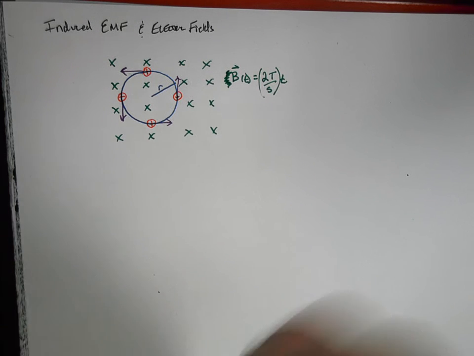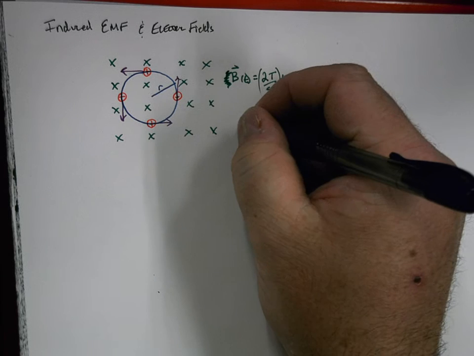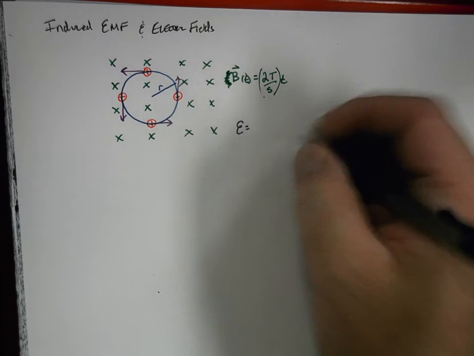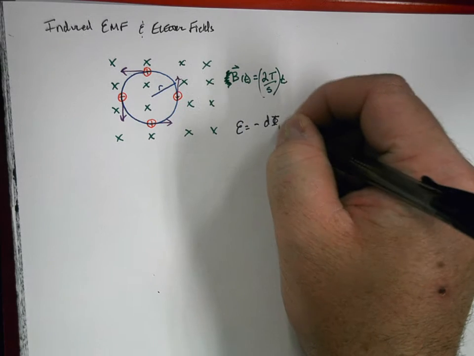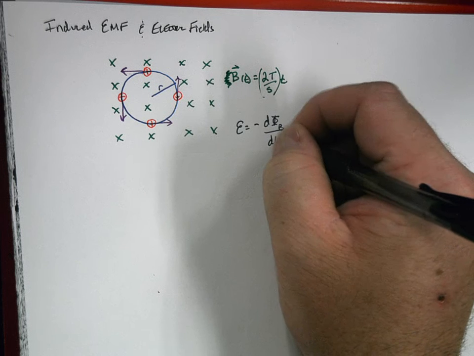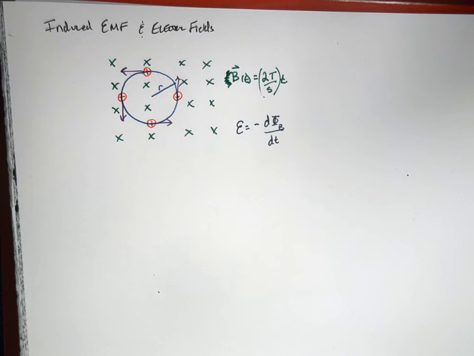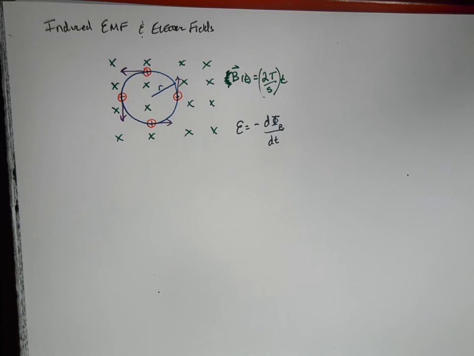Now, remember that our EMF equals negative d phi dt. But what is phi based on?